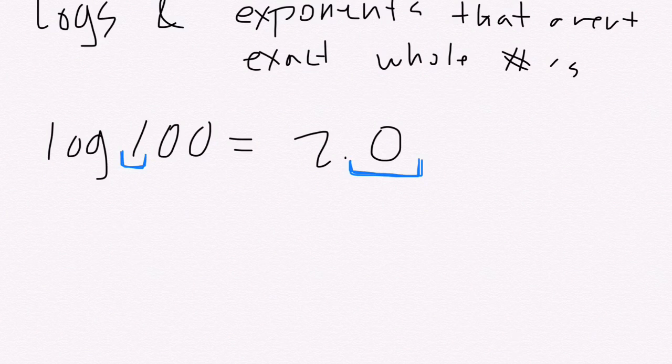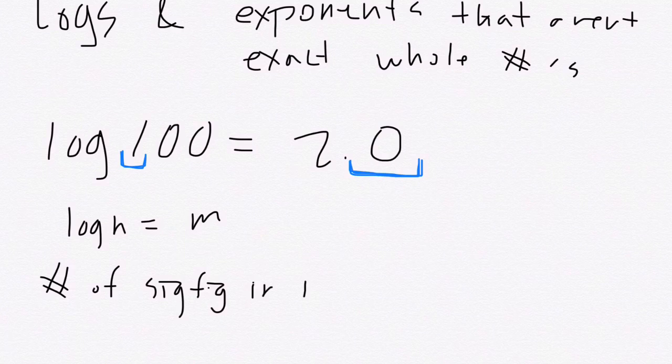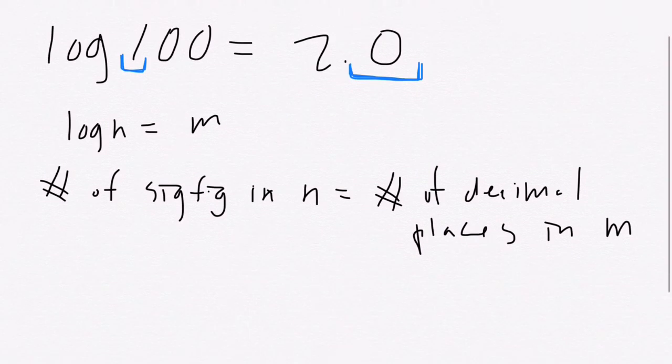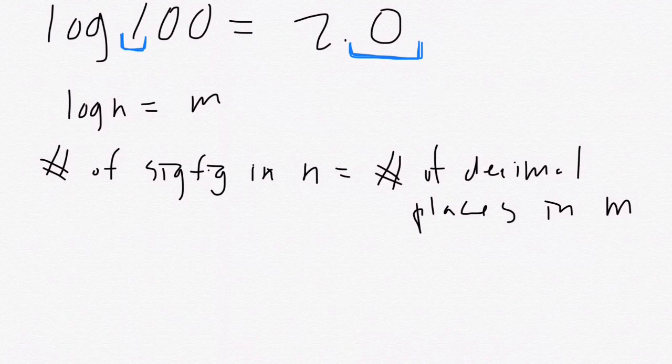So, a general formula, I guess: if it says log n equals m, the number of sig figs in n is equal to the number of decimal places in m. So for example, let's say log 238.